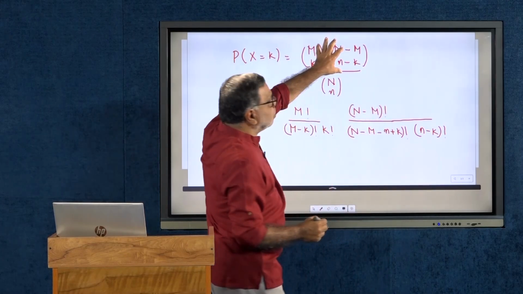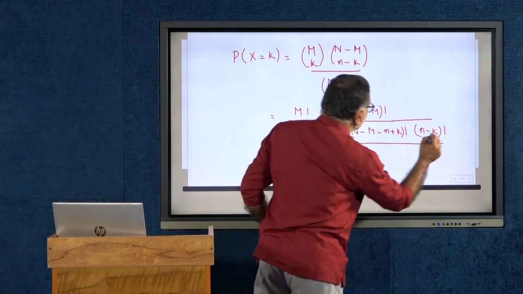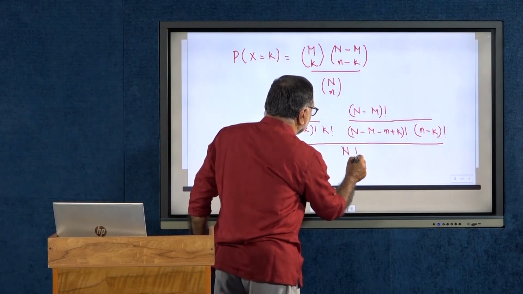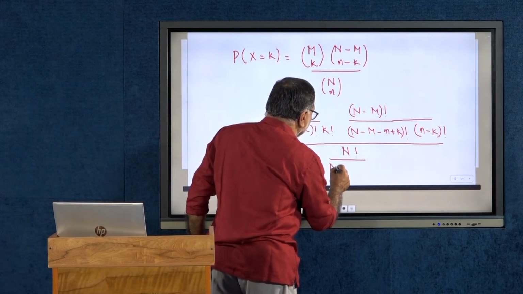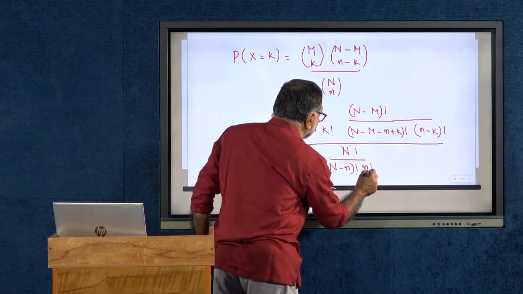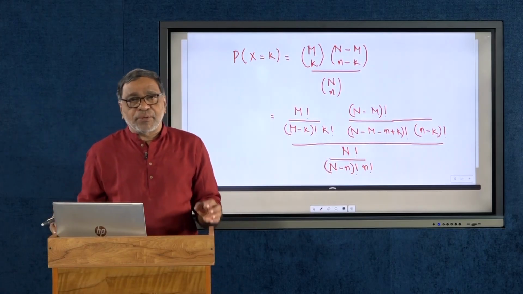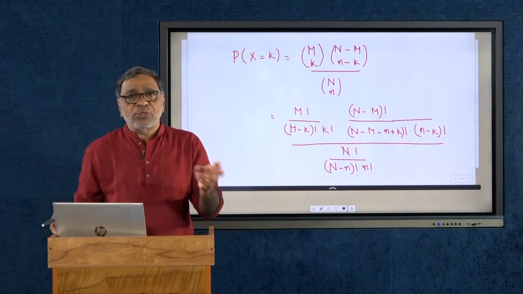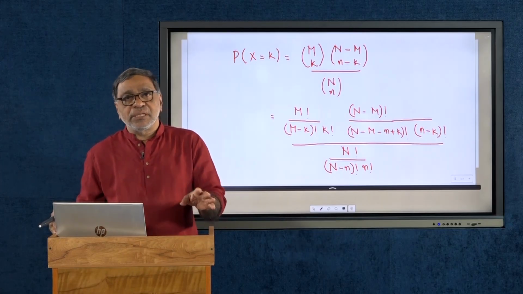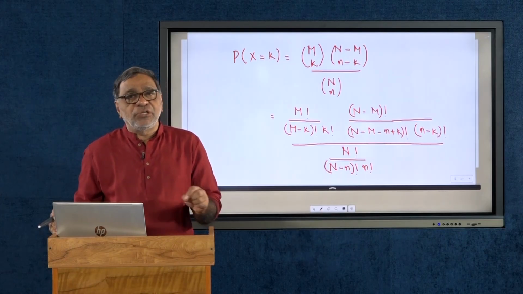So, that is the numerator value, the whole divided by NCn. NCn is N factorial divided by N minus n factorial into n factorial. This is the simplification of the probability mass function based on the definition of NCr, which is N factorial divided by N minus r factorial into r factorial.